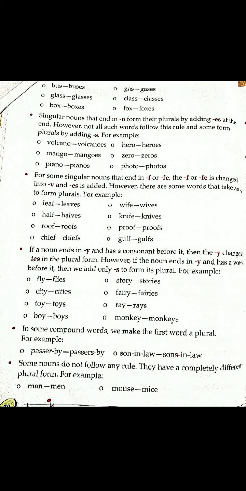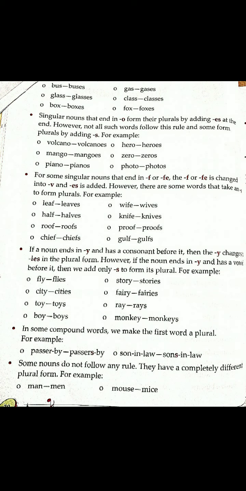Our last alphabet is y, and we have to see the second last alphabet. It is l, and l is a consonant. We know that a, e, i, o, u are our vowels, and the other alphabets are our consonants. So here l is a consonant, so we have to add ies.